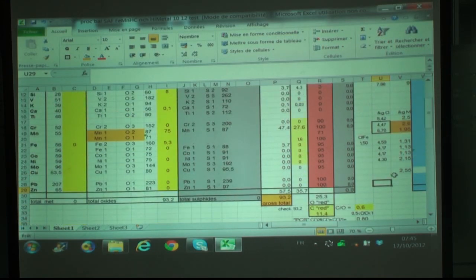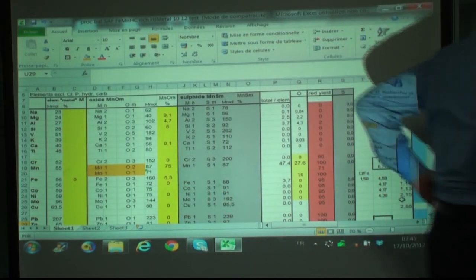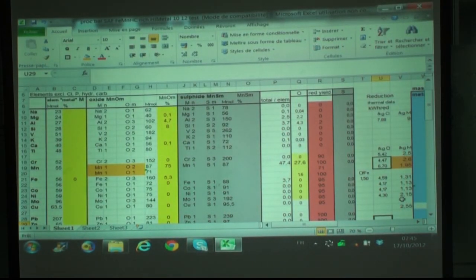Of course, we are not going to look for each data because these are data from the handbooks. However, just one comment. Each data has to be looked for in a book, but there are two particular cases: the manganese and the iron.